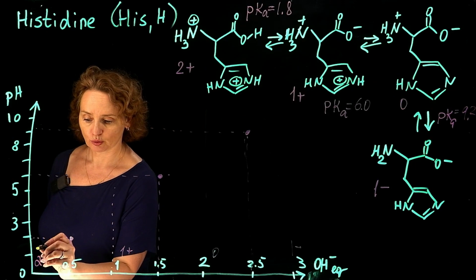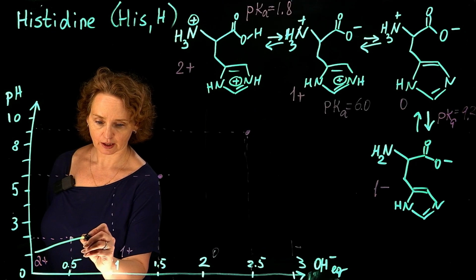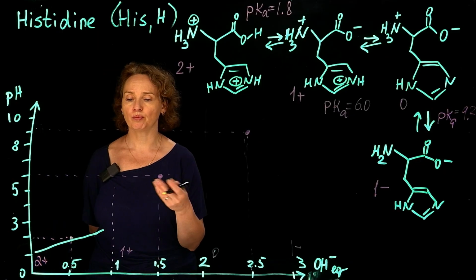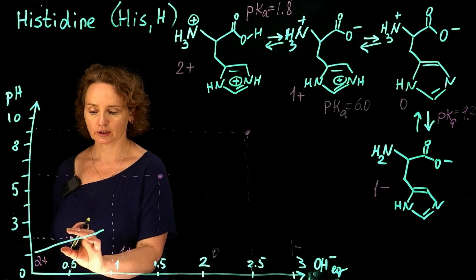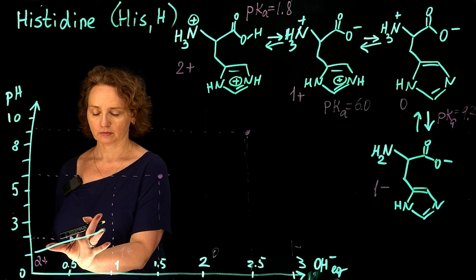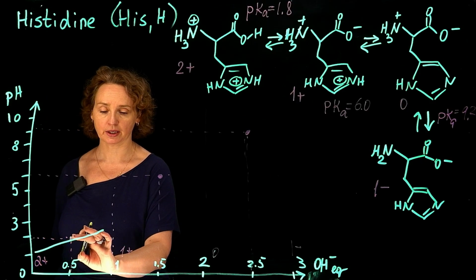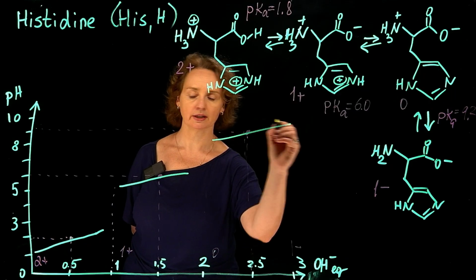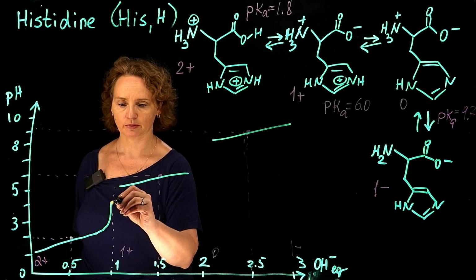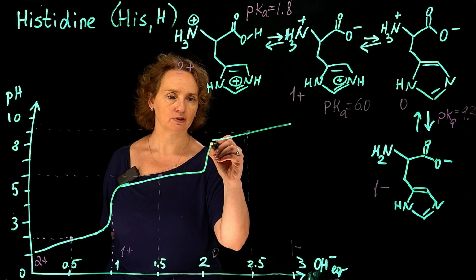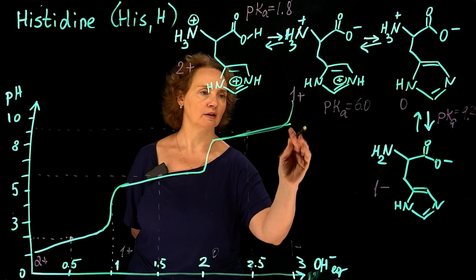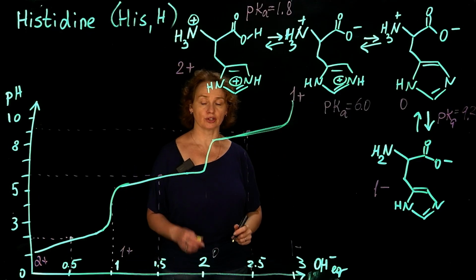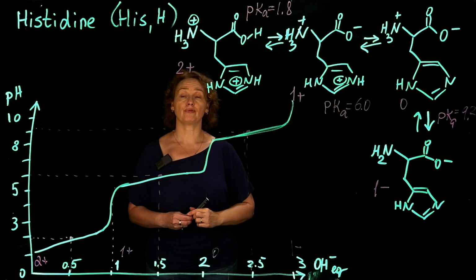Remember, we need a low slope around plus or minus the pKa. So we can position it like that. And of course, we are sketching, so we may not be precise. Then the slope is high when we are outside of those buffering ranges. So that would be our titration curve for histidine.